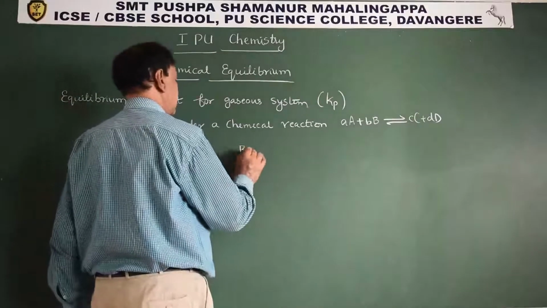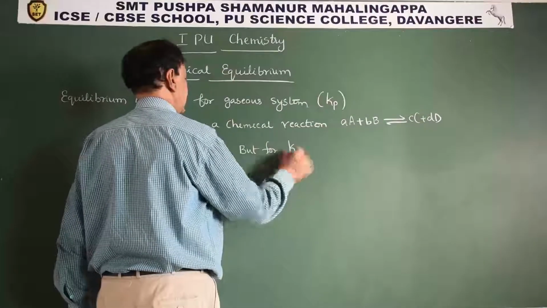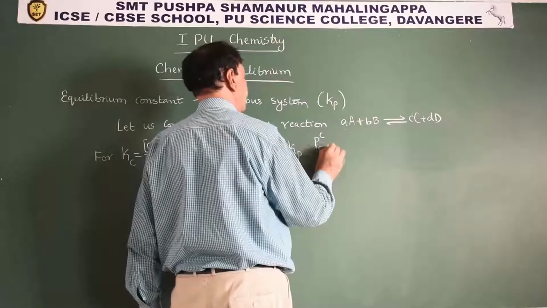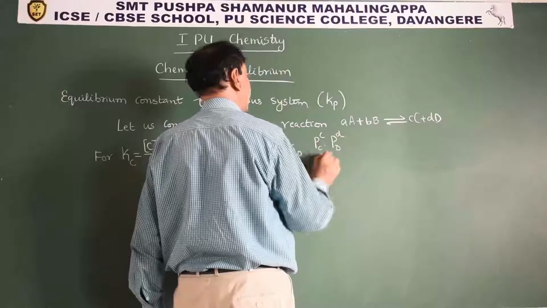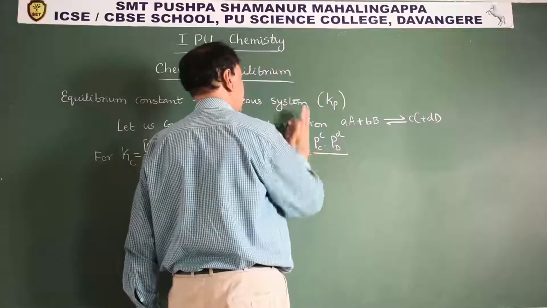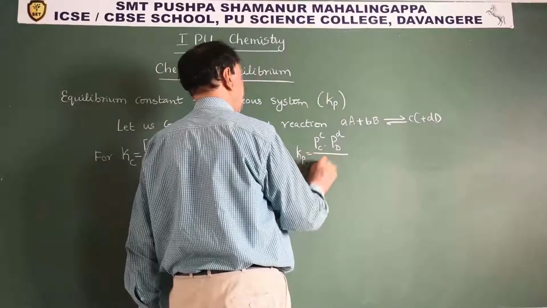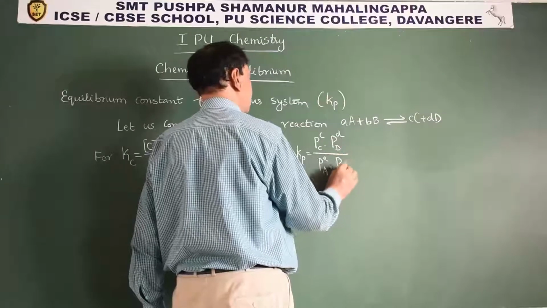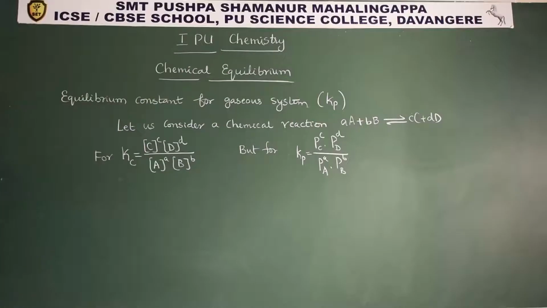But for the Kp expression, that is the partial pressure of C to the power of c into partial pressure of D to the power of d divided by partial pressure of A to the power of a into partial pressure of B to the power of b.